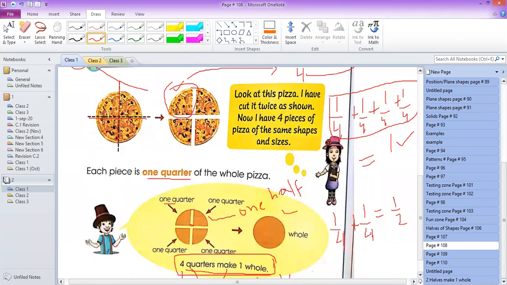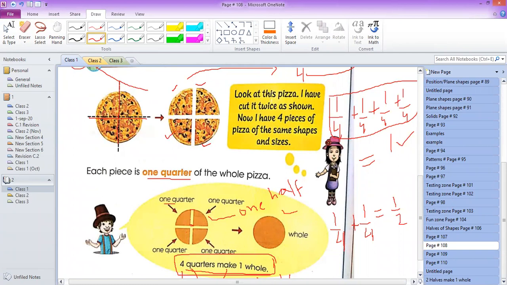Same here, guys. If this is a pizza, cut into four equal parts, and you are eating only one piece, that means you are eating a quarter. But if you are eating four pieces out of four pieces, this, this, this and this, that means you are eating the full pizza.